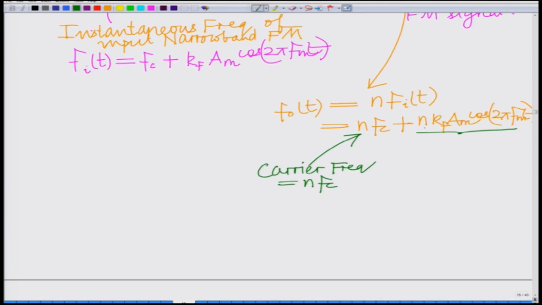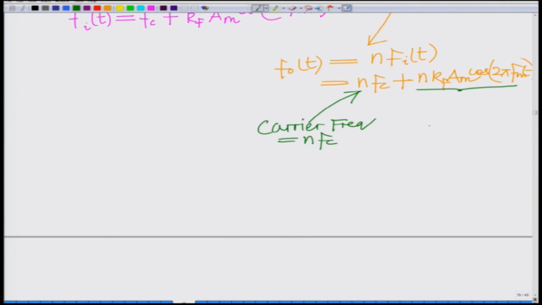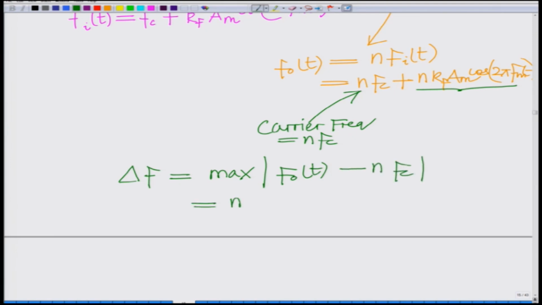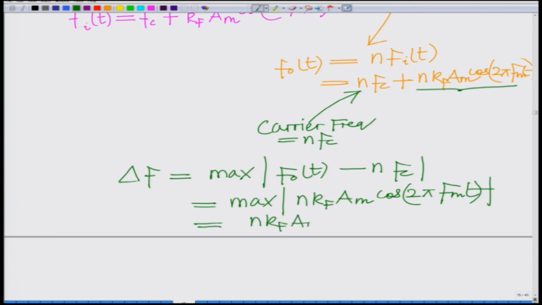Now, let us look at the frequency deviation. The carrier frequency is n times fc, and delta f, the frequency deviation, is the max of f_o(t) minus n times fc, which is equal to max of n times kf Am cosine 2 pi fm t, and this is equal to n times kf Am.